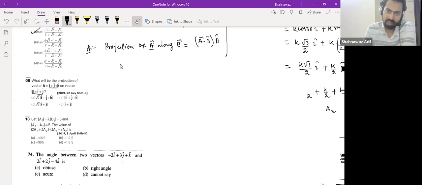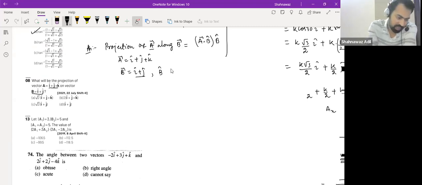A is i plus j plus k, and B is i plus j. So you guys quickly calculate and tell me, what is B hat? Quickly calculate and tell.